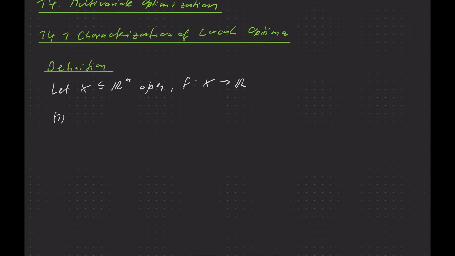First, we'll say a point is called a local minimum if there is a neighborhood around that point such that there is no function value within that neighborhood that is less than the function value at that minimum.